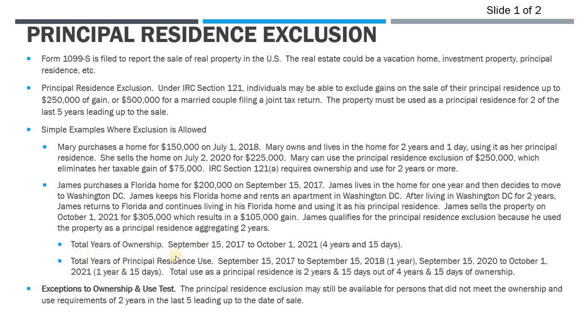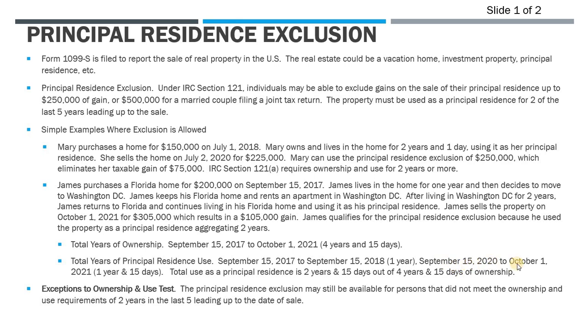So when we look at his ownership, he owned the property from September 15th, 2017 to October 1st, 2021, so 4 years and 15 days. But during that period, how much of the period was it used as his principal residence? He used it for the first year, right? September 15, 2017 to 2018, so a year.